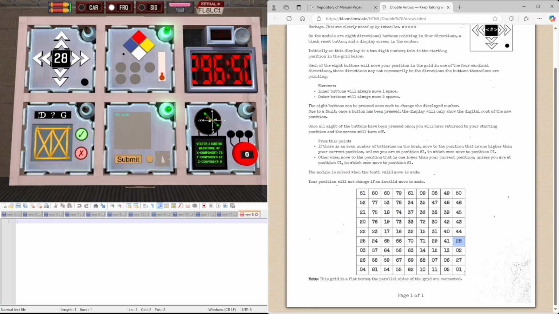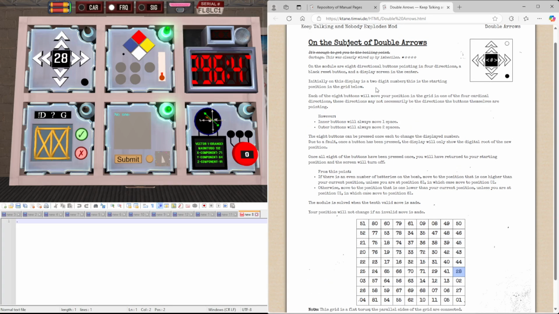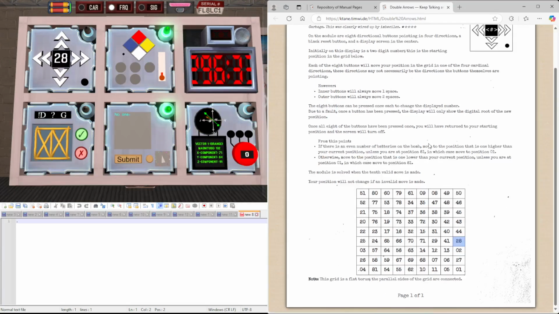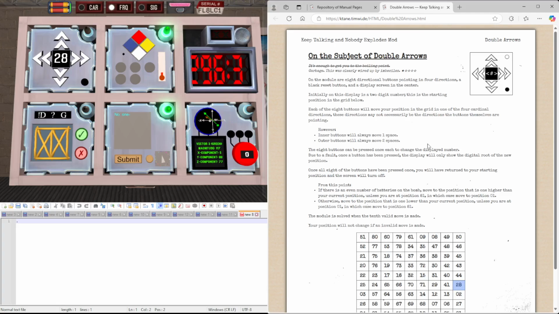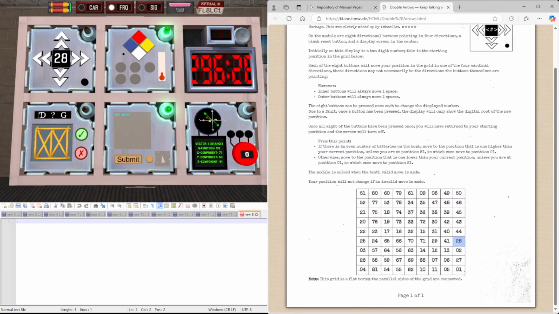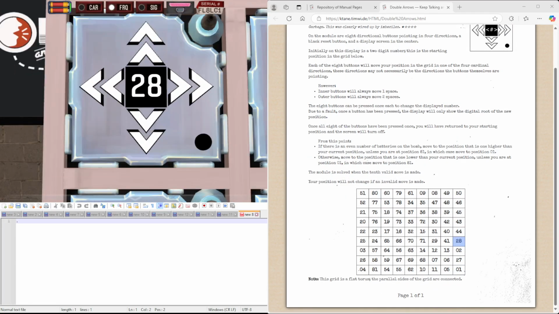So I remember you can reset. Okay, so 28 with 8, 5, 2 and 7. So we can pretty much press any of these inner ones to get direction.